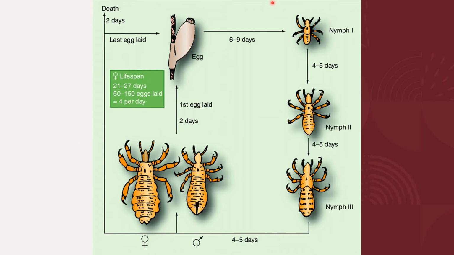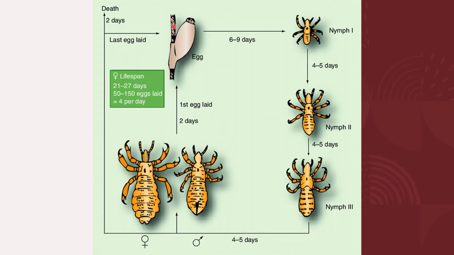This diagram shows the life cycle of the head louse, Pediculus humanus capitis, a sucking louse. So we have here the female head louse and the male head louse. The female lays about 50 to 150 eggs during her adult life.